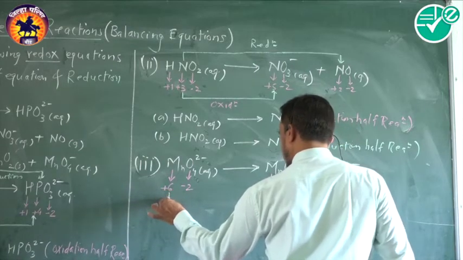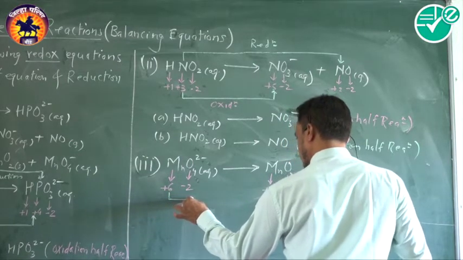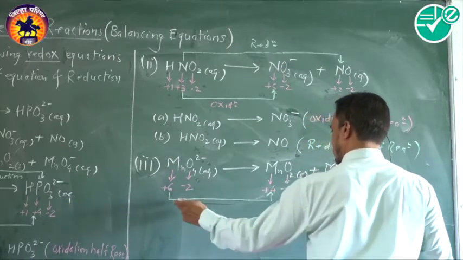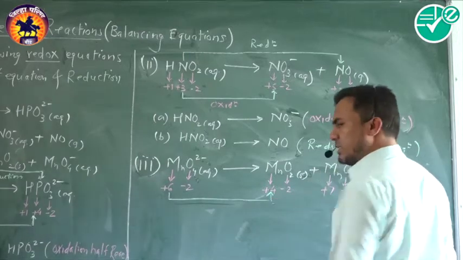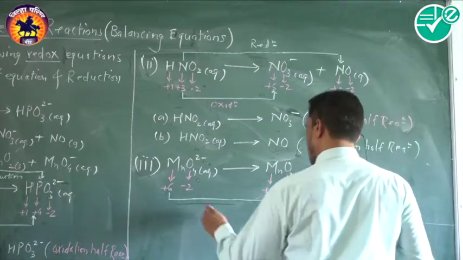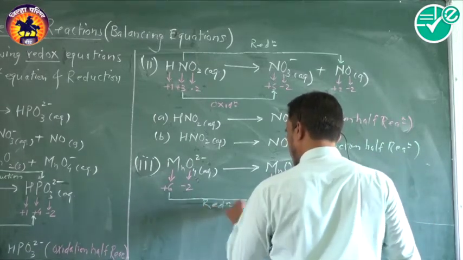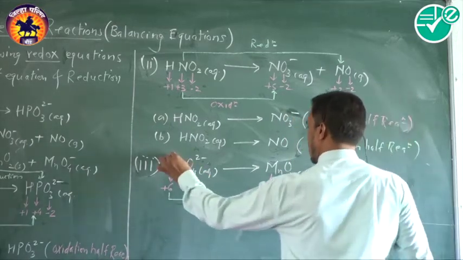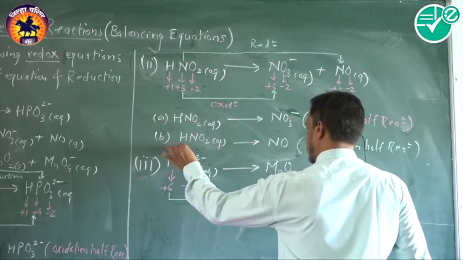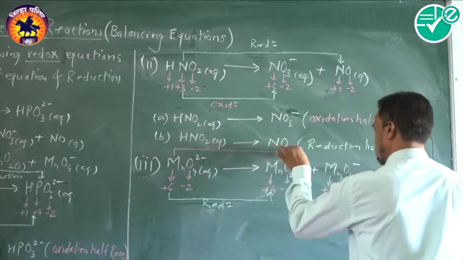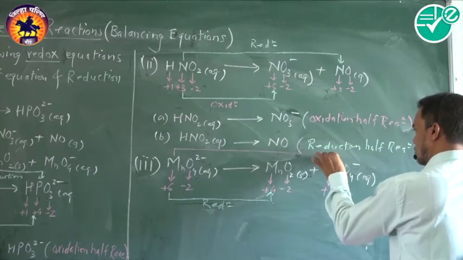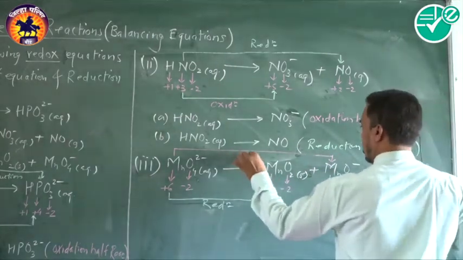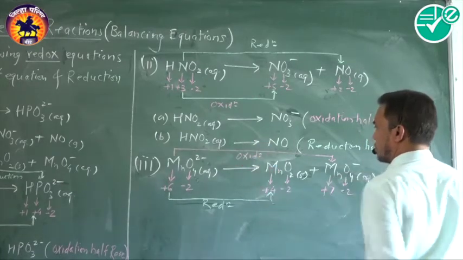Manganese whose oxidation state changes from +6 to +4, that is, the oxidation number decreases, so the reaction is called the reduction half reaction. Whereas the oxidation state of manganese changes from +6 to +7, so the oxidation number increases and the reaction is called the oxidation half reaction.